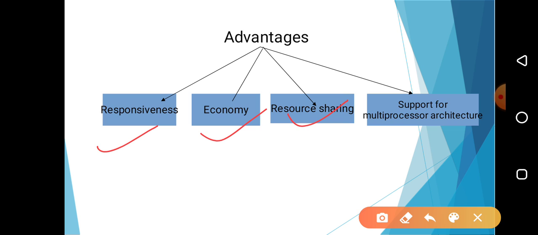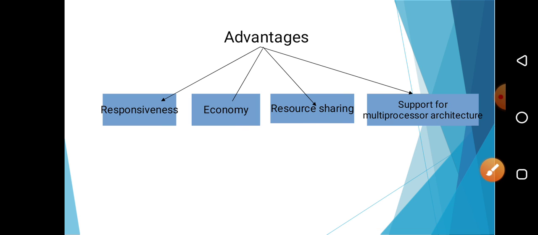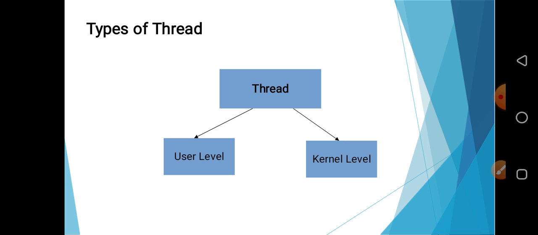Therefore, there is no need to create extra resources. So it results in economy and resource sharing, and it always supports multiprocessor architecture. If multiple threads are there in one process, they can be executed on multiple processors. Therefore, it supports multiprocessor architecture.